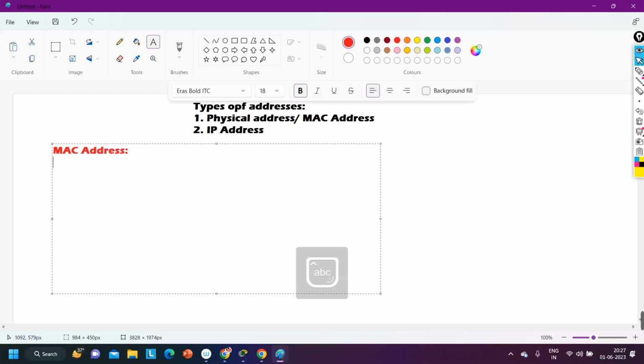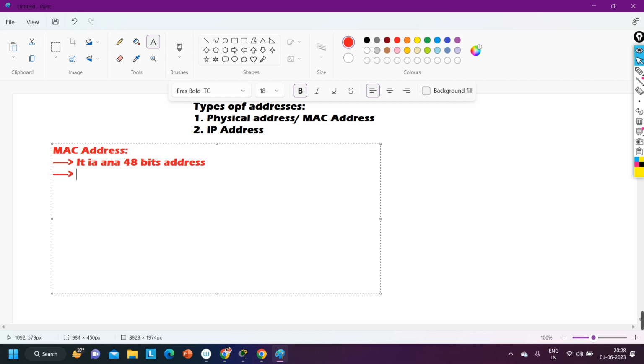Now guys, MAC address is a 48 bits address, and we represent MAC address in which representation, guys?